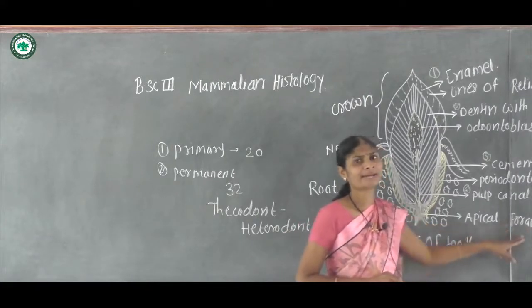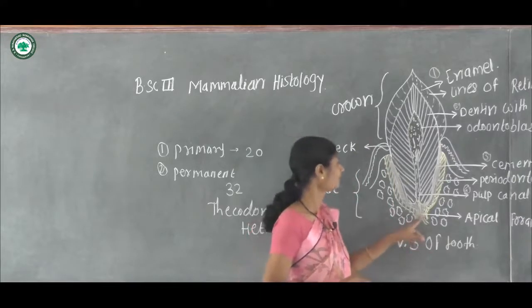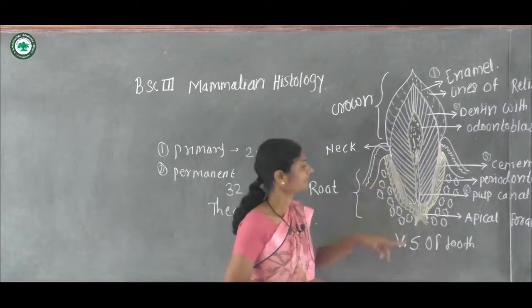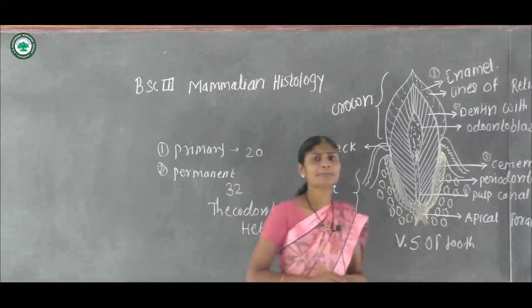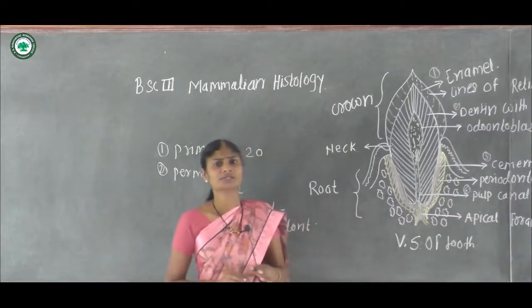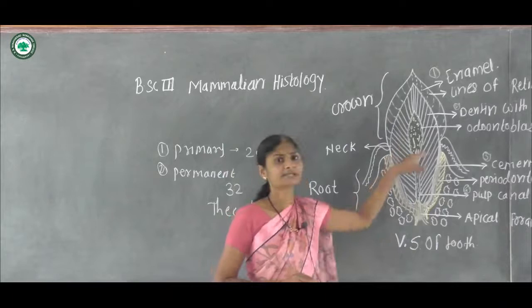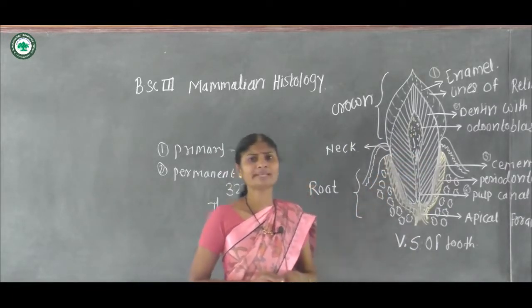Through this apical foramen, blood vessels and nerve fibers enter the pulp cavity, and its main function is to nourish the tooth.